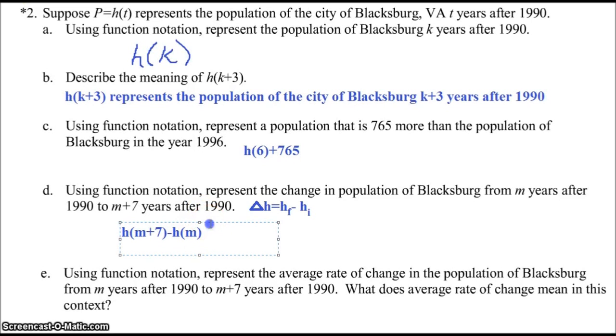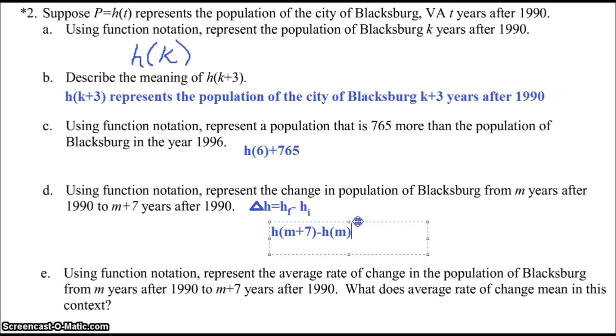So there's our final population minus our initial population. h of m plus 7 minus h of m. That represents the change in population of Blacksburg from m years after 1990 to m plus 7 years after 1990. We can even put an equal sign here.